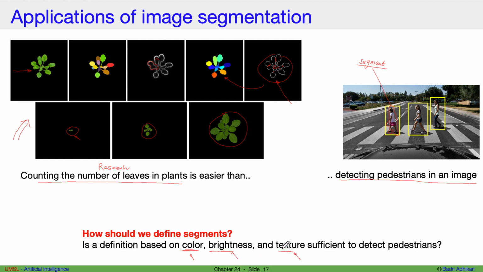So how we define a segment has evolved over time. Earlier, because we couldn't do these complex image segmentations, we defined segmentation as something very basic like this one. But nowadays, with the help of deep learning, since we can do much more complex tasks, we also define segments as these really complex segments of objects in the scene.